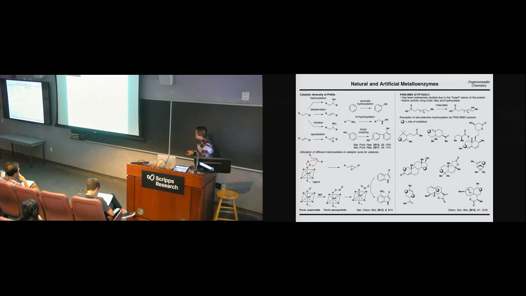This slide also gives an overview of the native function of the enzyme, which is to perform hydroxylation of long-chain fatty acid to give a mixture of hydroxylated products. But by engineering of the wild-type enzymes, many labs have discovered that you can perform site-selective hydroxylation of different types of scaffolds that can potentially be useful for synthesis and so on.